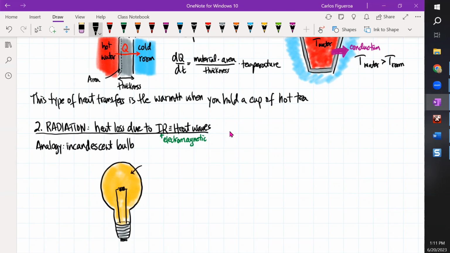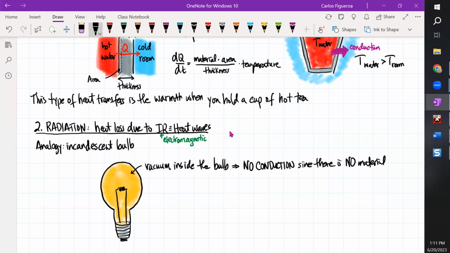In order to get this light bulb to work, there's a vacuum inside the bulb. So this means there's no conduction, since there is no material. It's a vacuum.